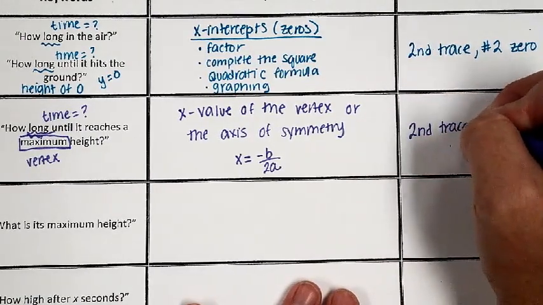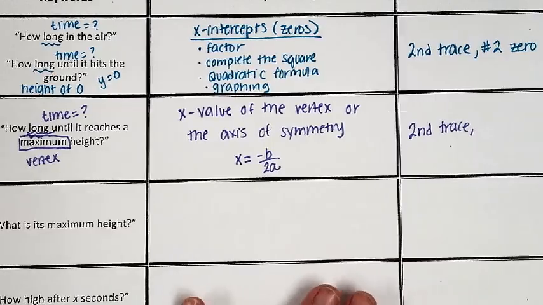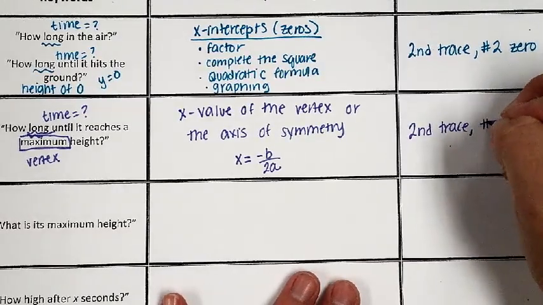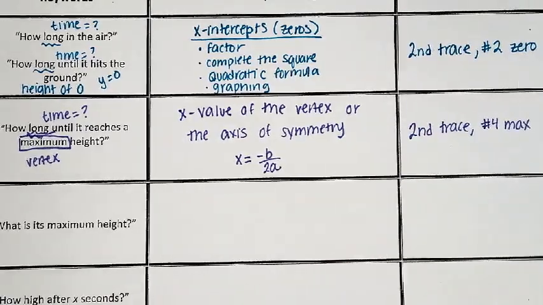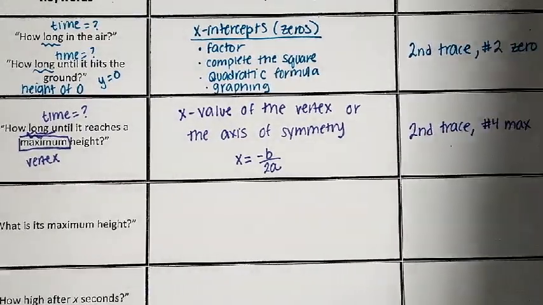And in your calculator, once you are on the graph, it would be a second trace, and then you would go down to number 4, which is max for your maximums.